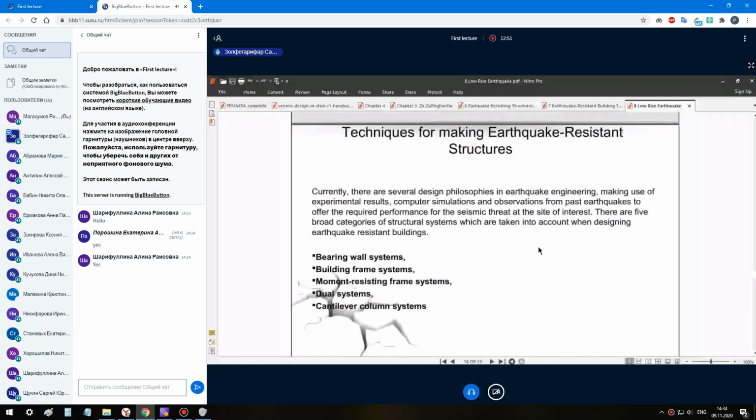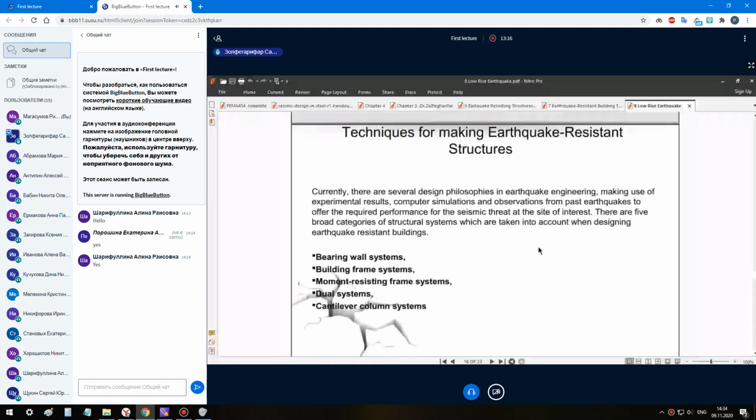Another is using the moment resistant frame, used for both structural steel and reinforced concrete construction. The horizontal beams and vertical columns provide support for the structural weight and the strength and stiffness needed to resist lateral forces.